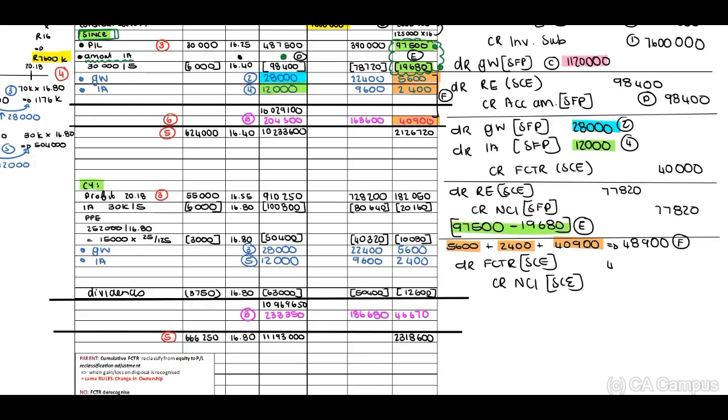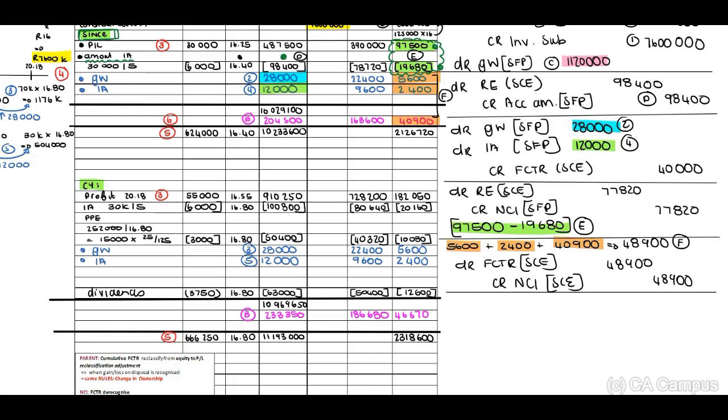And this is the 48,900. We allocate our FCTR portion to our NCI. Right, guys, now you are able to identify that we have completed our since period, and we now need to focus on our current year.